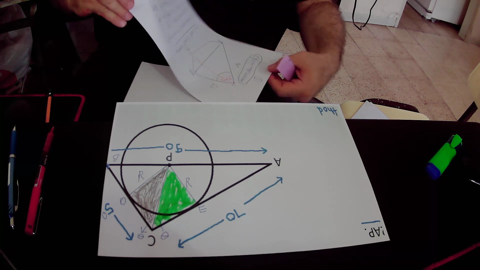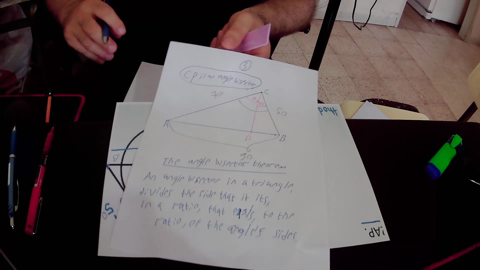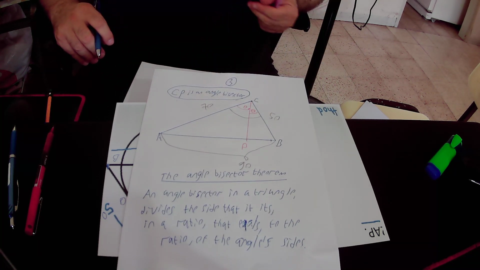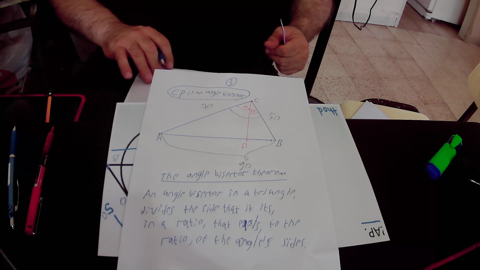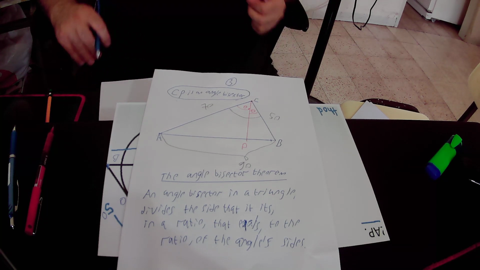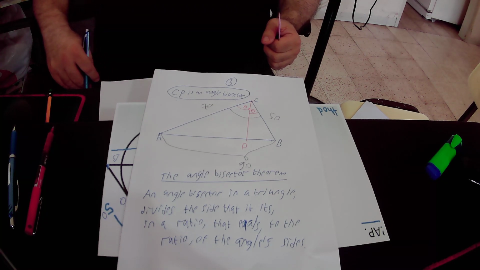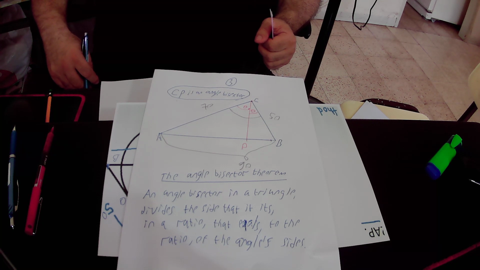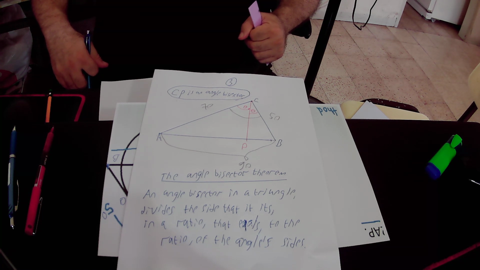I will repeat again on the angle bisector theorem, and then I will explain it in detail. The angle bisector theorem states that an angle bisector in a triangle divides the side that it eats in a ratio that equals the ratio of the angle's sides.